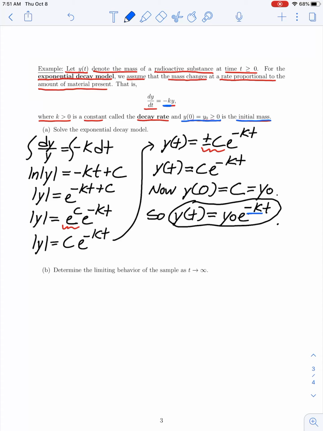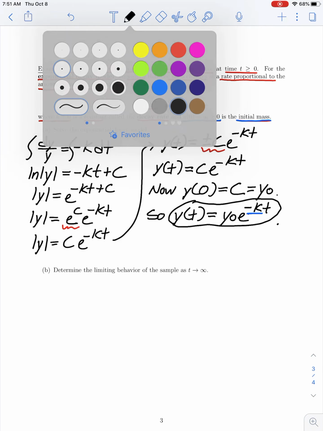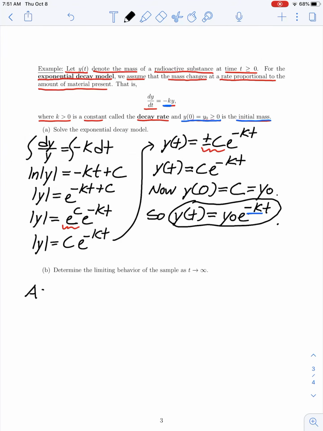So in part B, we are asked to determine the limiting behavior of a sample as t approaches infinity. So after a long period of time, as time goes on forever, the limiting value of our mass, y of t, of the substance is given by the limit of y naught times e to the negative kt.